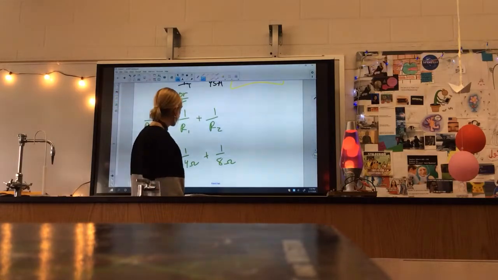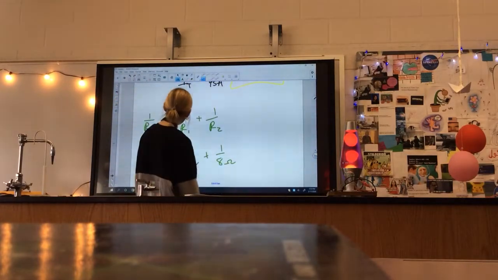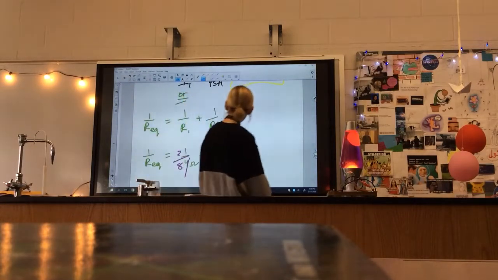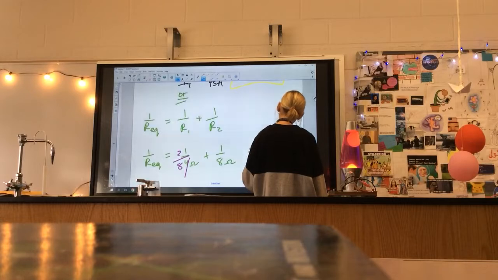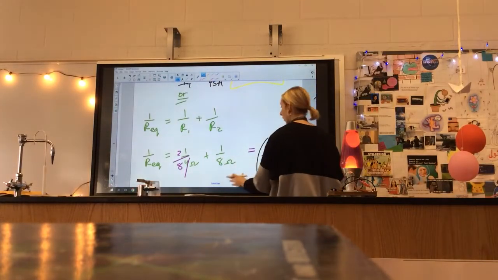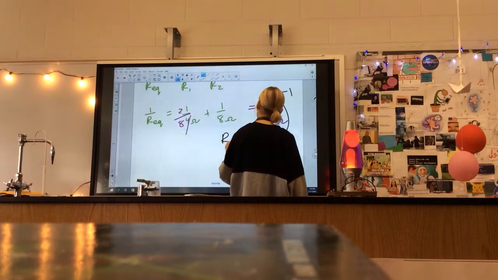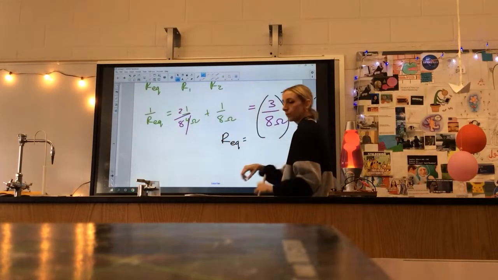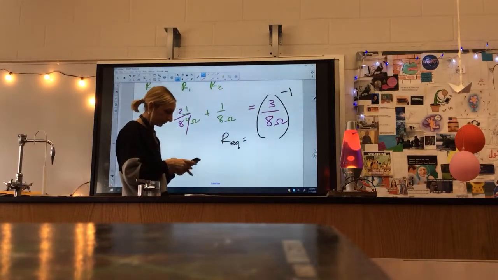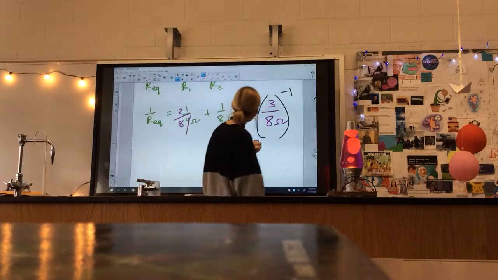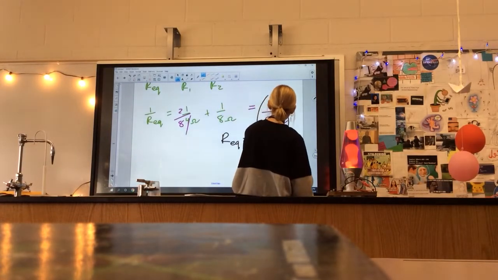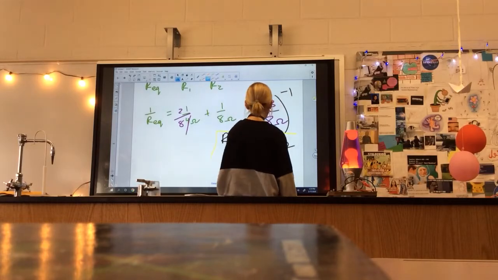I'm going to just get a common denominator, so I'm going to say this is the same as saying 2 over 8. So now I can say 3 over 8 ohms. And I need to still take the inverse of that, right? I'm not done, because I really want REQ. So REQ is equal to the inverse of 3 over 8. In other words, 8 over 3. And I got 2.7 ohms. It is exactly the same as what I calculated in the previous method.